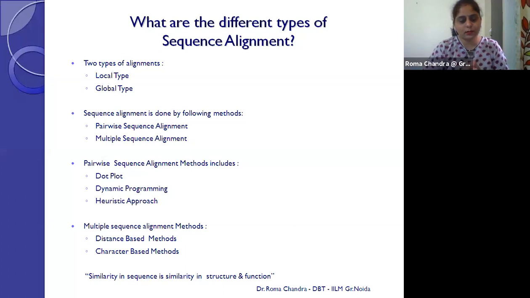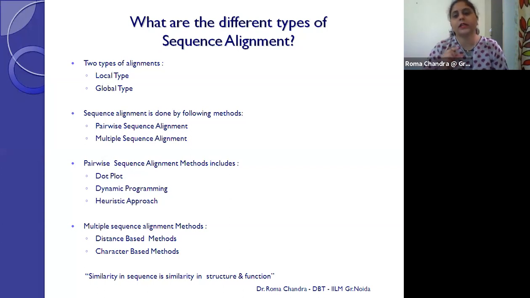So the heuristic approach is a similarity search approach where we are trying to search for similar regions. This is said to be the k-tuple or word search method also. This word search or k-tuple refers to when we are trying to search out certain segments of these regions.